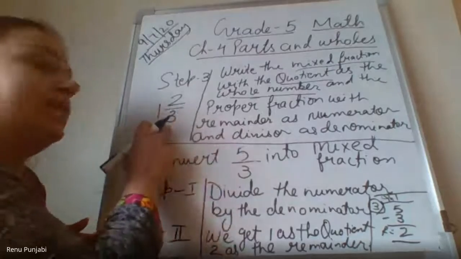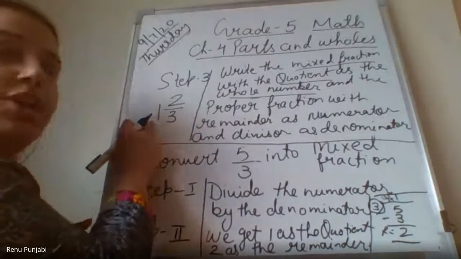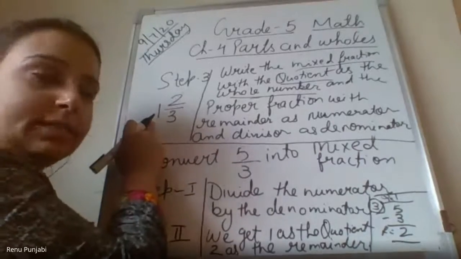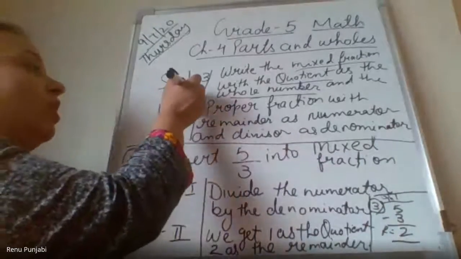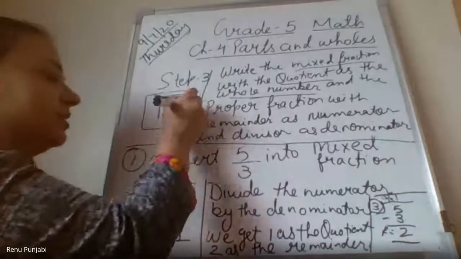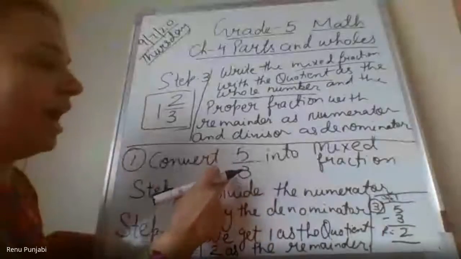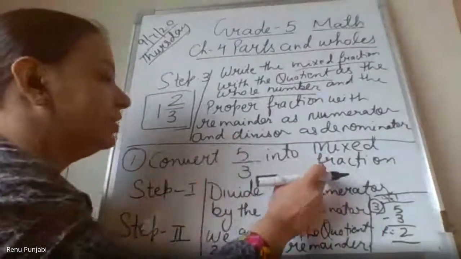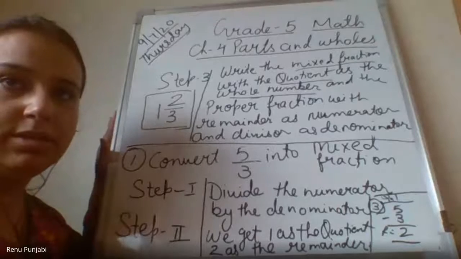The quotient will be your whole number and your remainder will be your numerator. Now this is your answer. So 5 upon 3 after converting into the mixed fraction will be 1 whole number 2 upon 3.